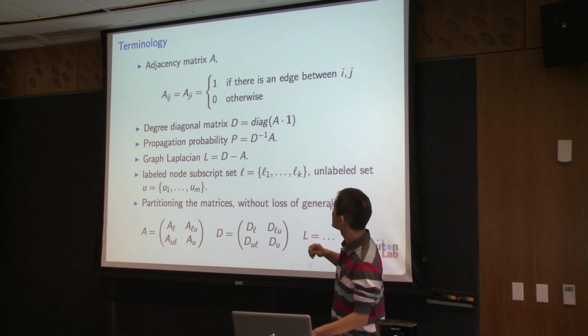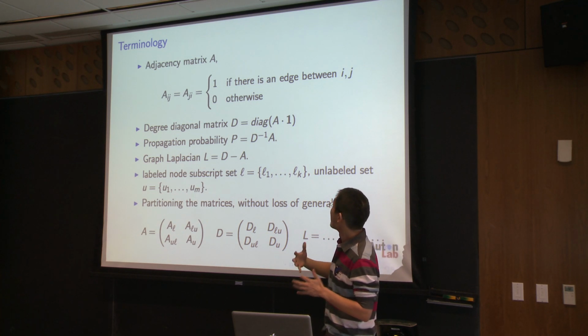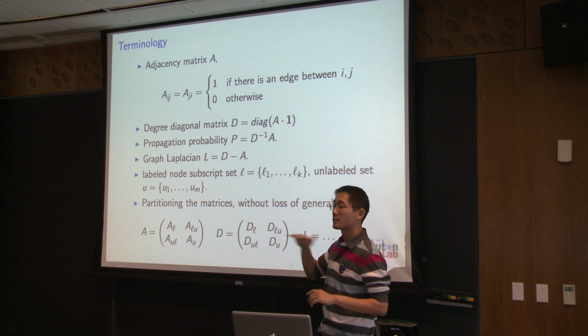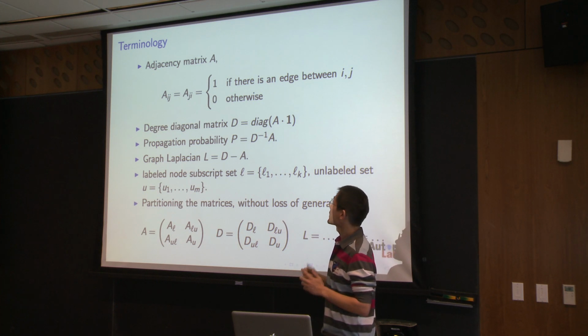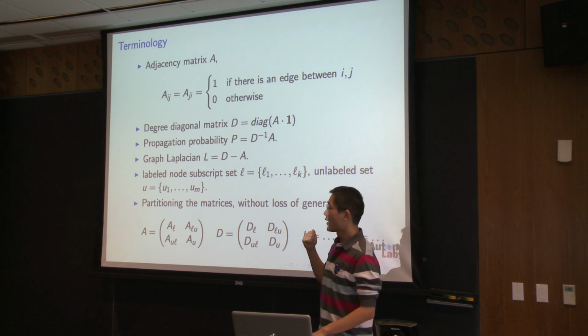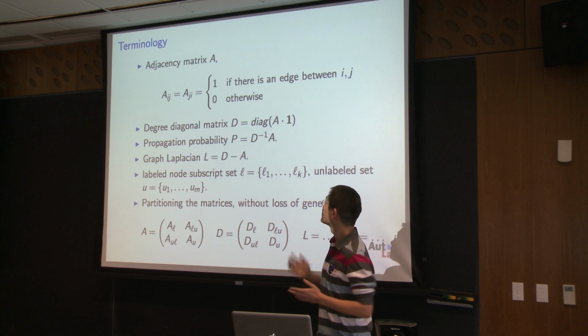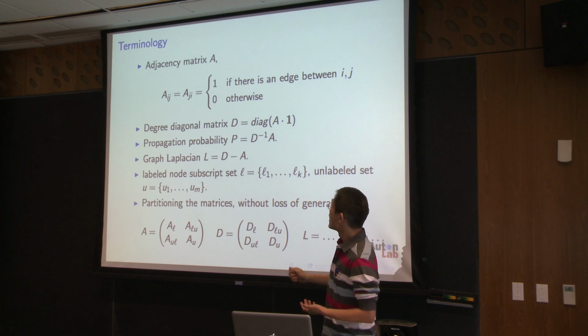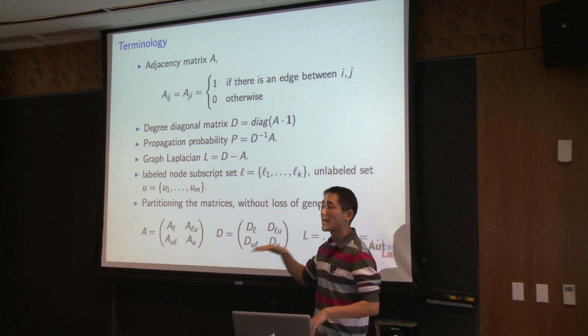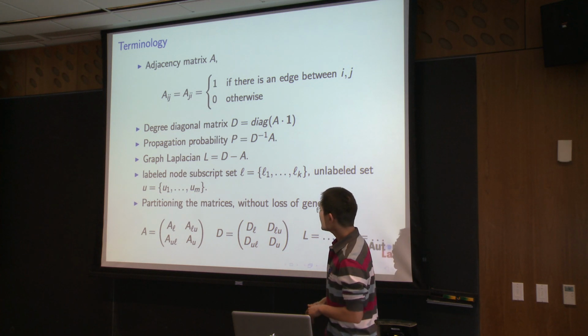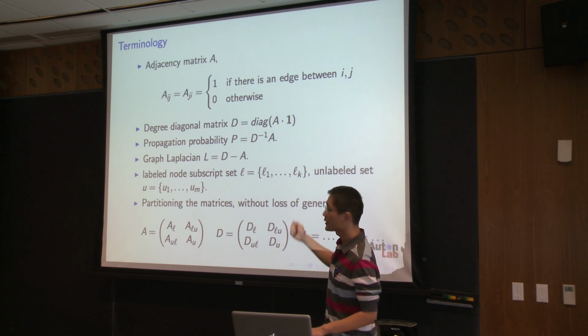And mathematically, it's the diagonal of the vector of row sums of A. Because we are addressing undirected graphs, it is also the column sums of the A. And we have this propagation probability, which is D inverse A, the row normalized version of A. We have a graph Laplacian, D minus A.